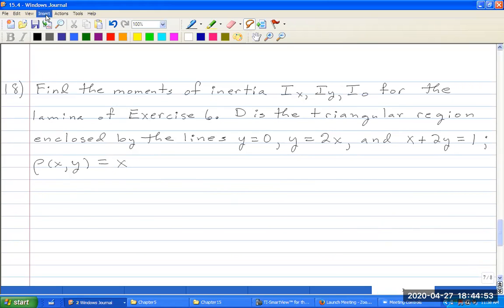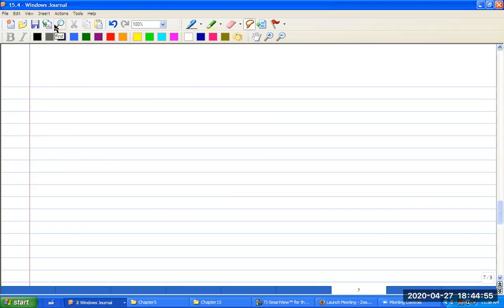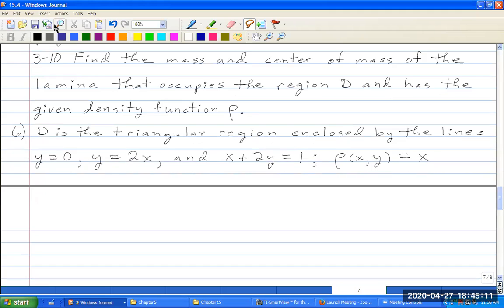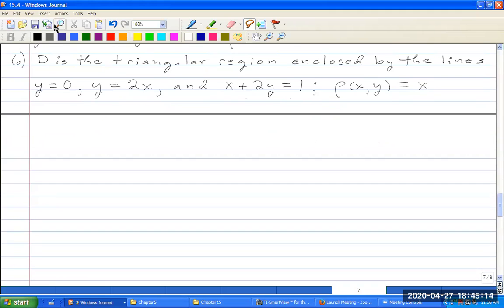In exercises 3 through 10, find the mass and center of mass of the lamina that occupies the region D and has given density function rho. Okay, so problem number 6.